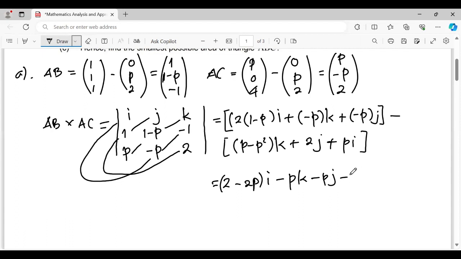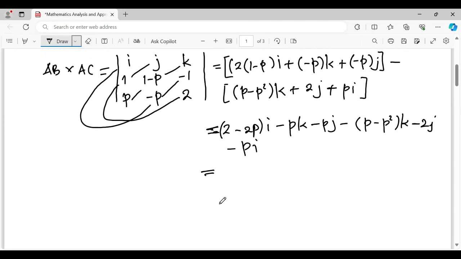After that, it's minus (p minus p squared) k minus 2j minus pi. Equals i and i, this one.